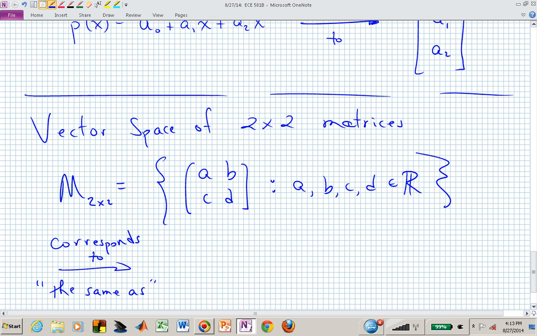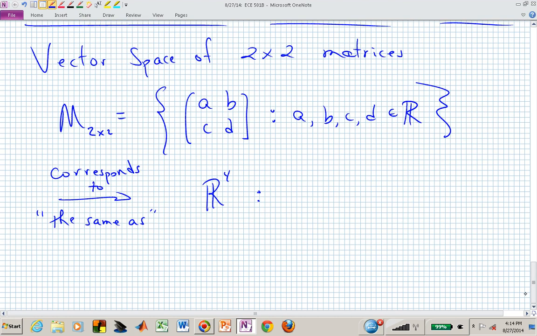Pardon? Okay, it could be A, B, C, D, right? It could simply be now some R4. It could be a 4-dimensional vector where the elements of that 4-dimensional vector are consistent with A, B, C, D in your matrix. So whatever you could demonstrate with the 2 by 2 matrix, you should be able to show that a similar type of analysis or thinking could be made from R4.